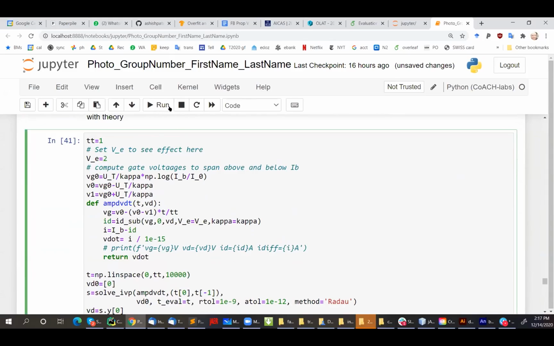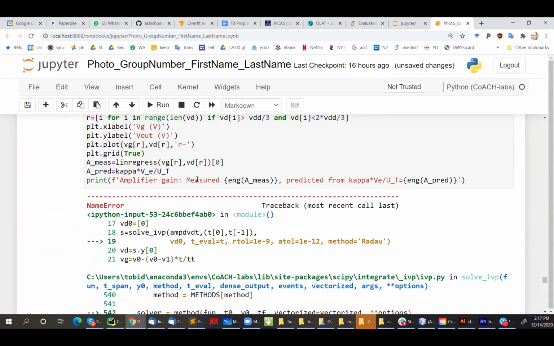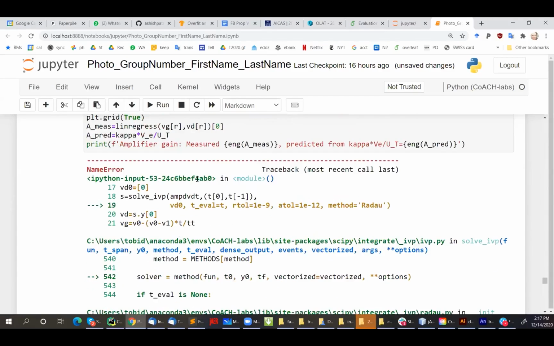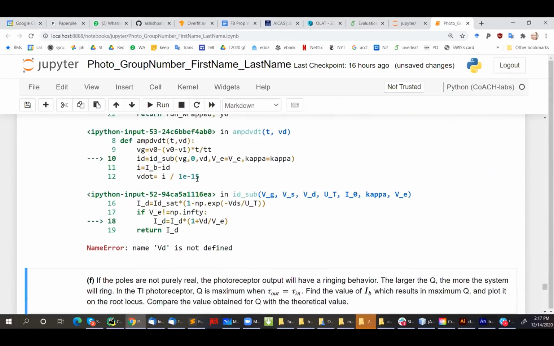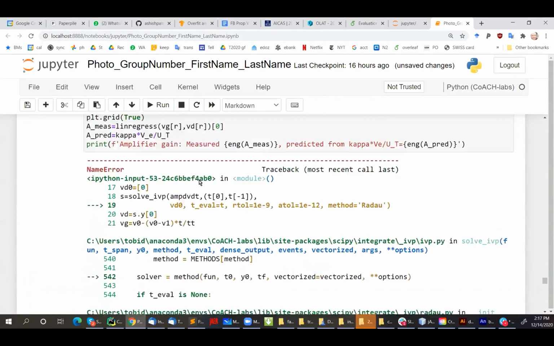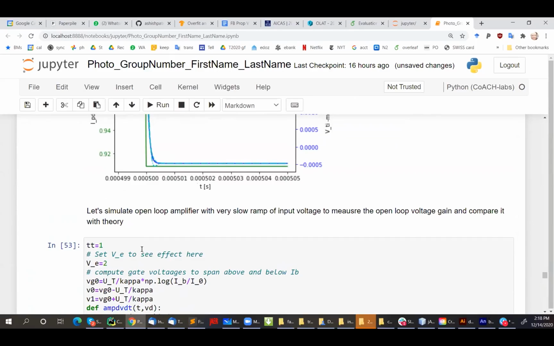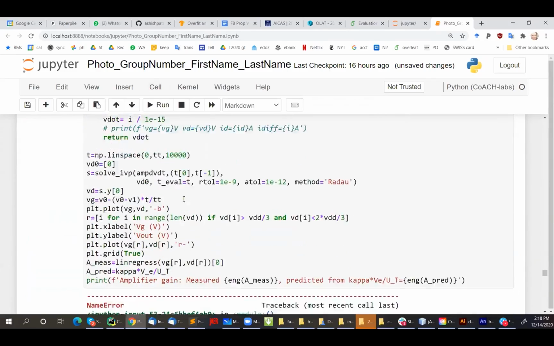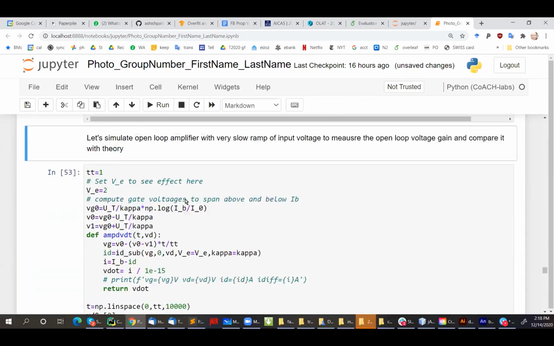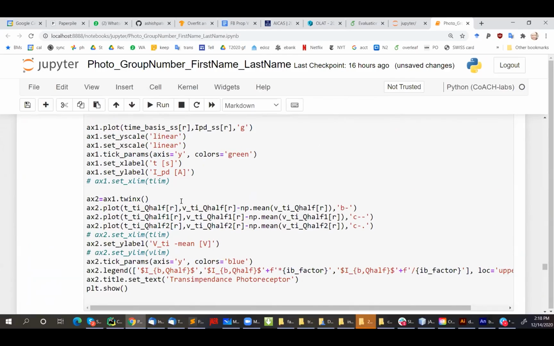Let's do that. What's going on here? It's not defined. I have to run everything above this. I think that maybe in this thing before, when you changed from VDS to VD, you didn't put the underscore.